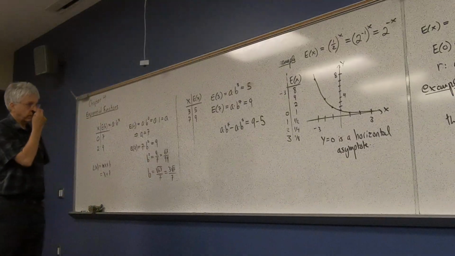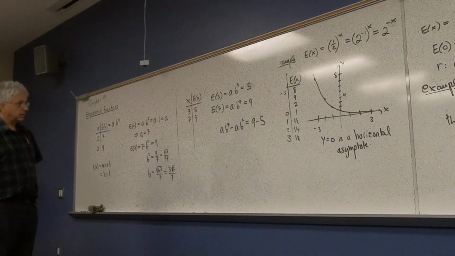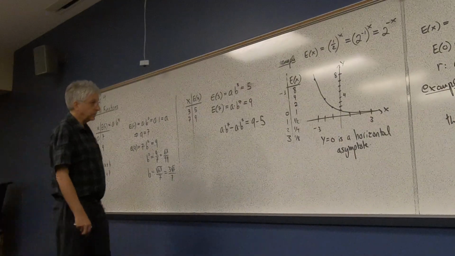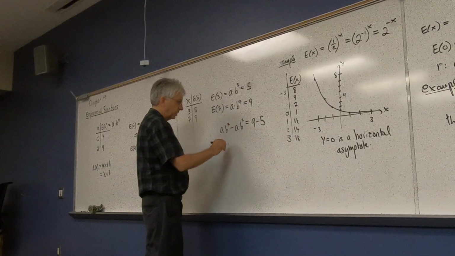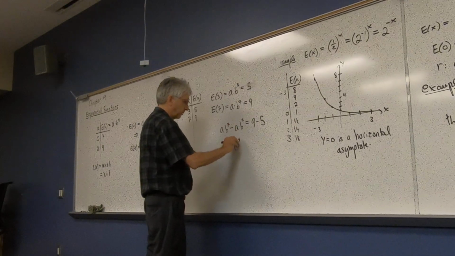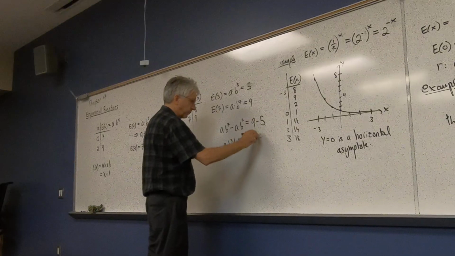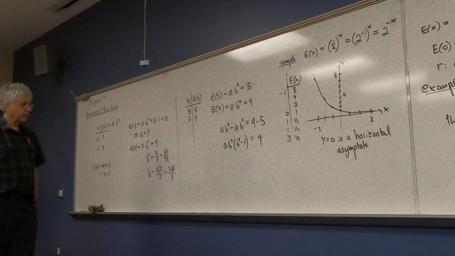If you subtract equals from equals, you get equals, right? And that works, correct? This is true, and I've got a common factor of a times b cubed here, so I could write a times b cubed times (b to the 4th minus 1), and that's equal to 4. Does that help? I've still got an equation with two unknowns.